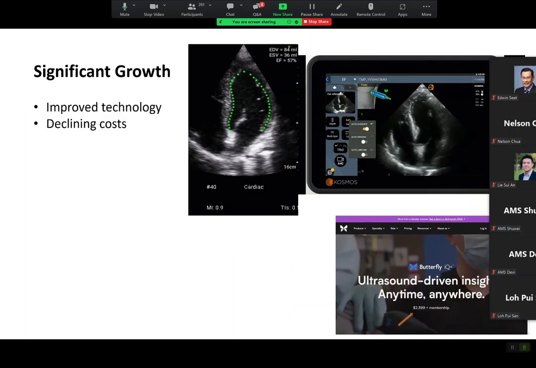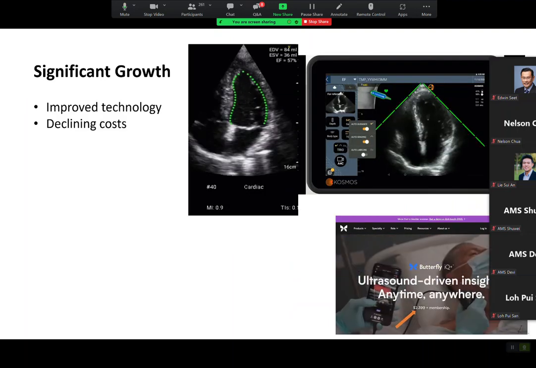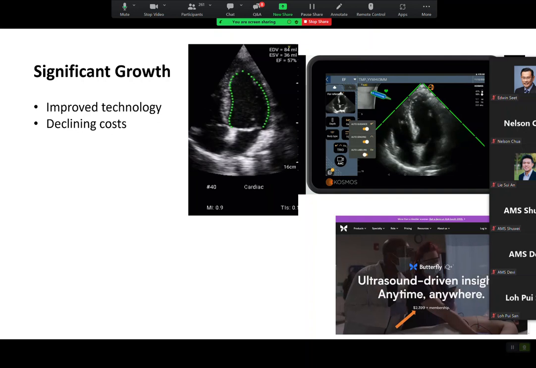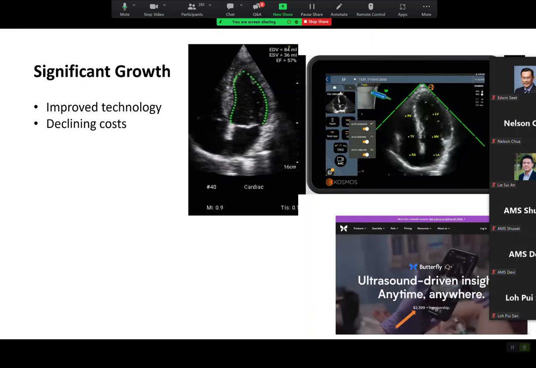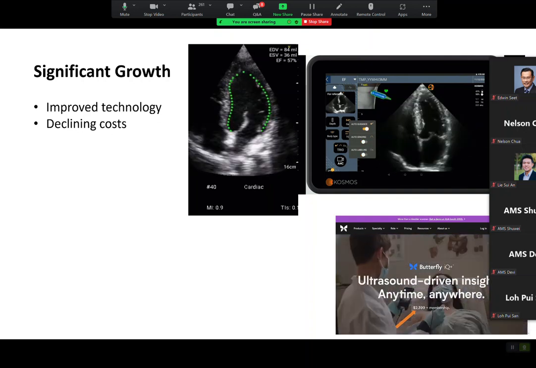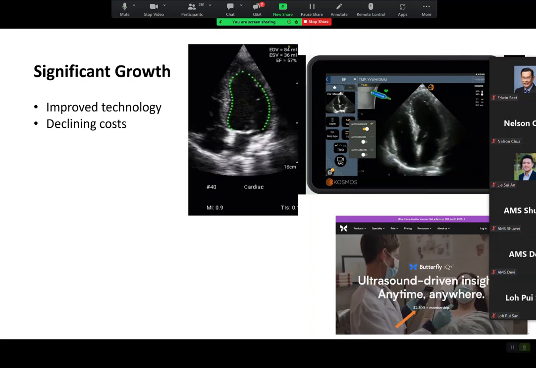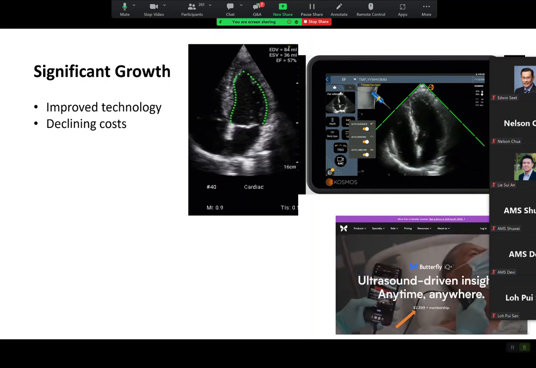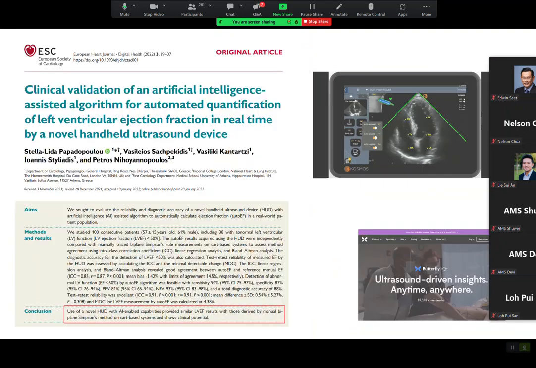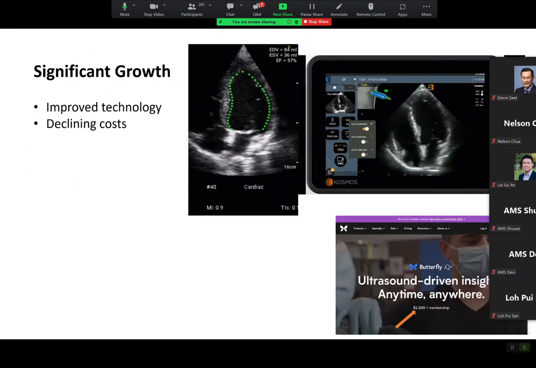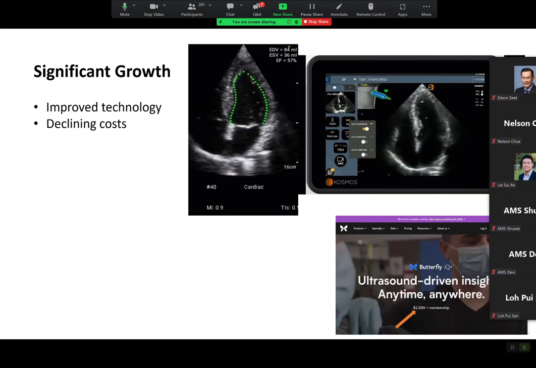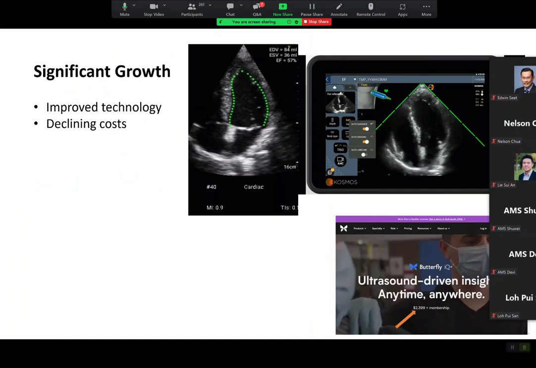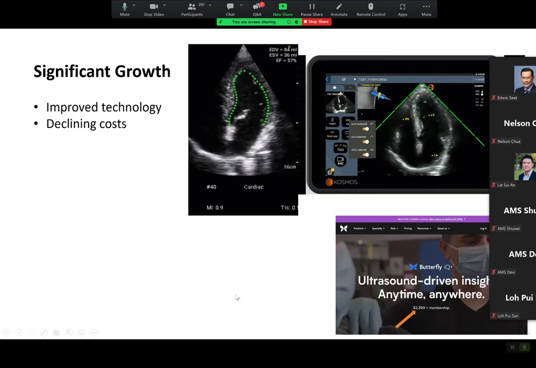Okay, so there's been quite significant growth in the past decade or so with regards to point-of-care ultrasound. There's a lot of cheap devices on the market which can be connected to your mobile phone. There's also incorporation of AI technology, automated ejection fraction calculation, and things like that.